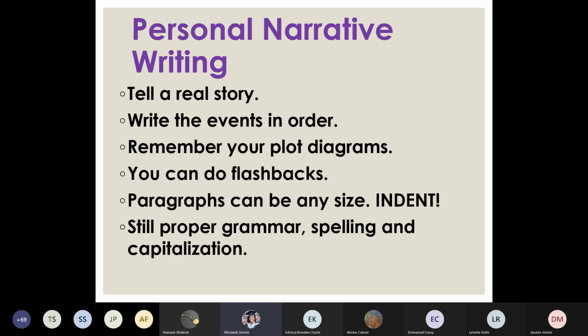The plot structure. Can anybody recall? All right, Ashton, you're saying climax. Very good. Climax. What other parts? Resolution. All right. Rising action, falling action, exposition. Very good. So you all remember the various parts of plot.